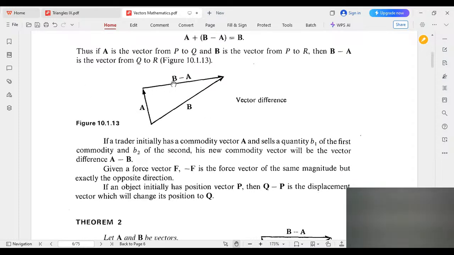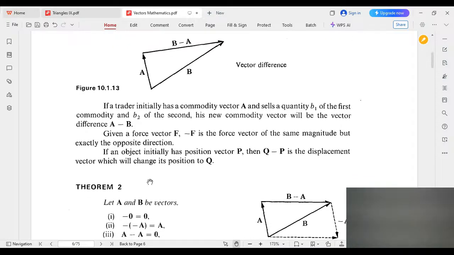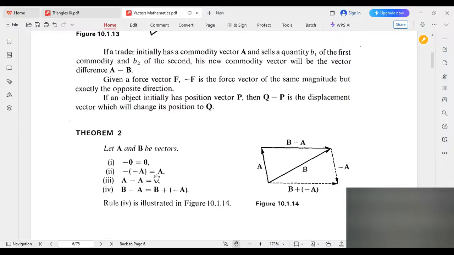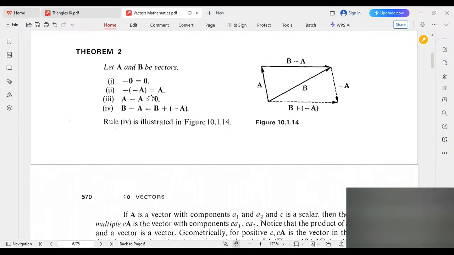A plus B minus A equals B. This is the theorem: let A be a vector, minus 0 equals 0, minus A equals A minus A equals 0, B minus A equals B plus minus A. Rule 4 is illustrated in the figure.